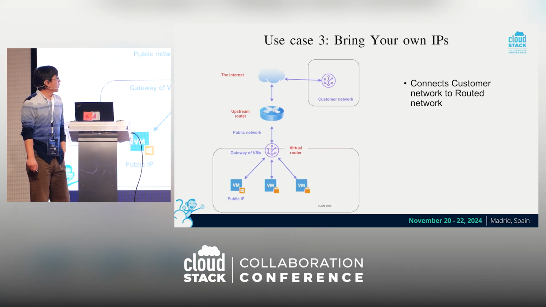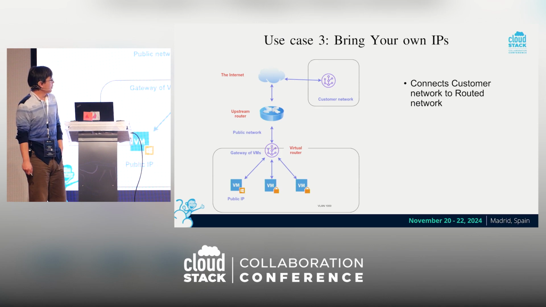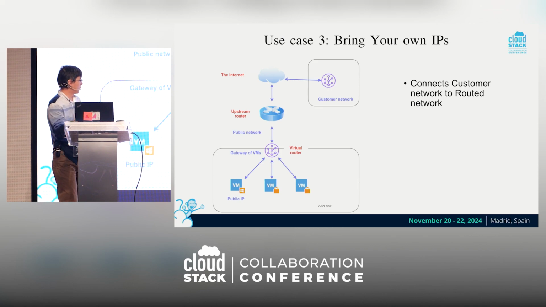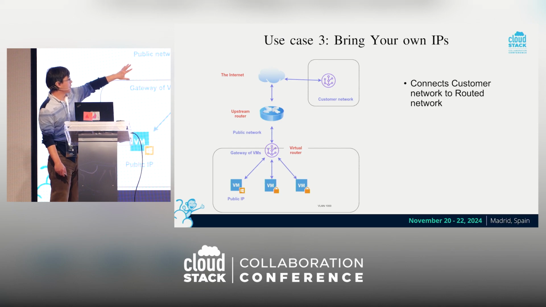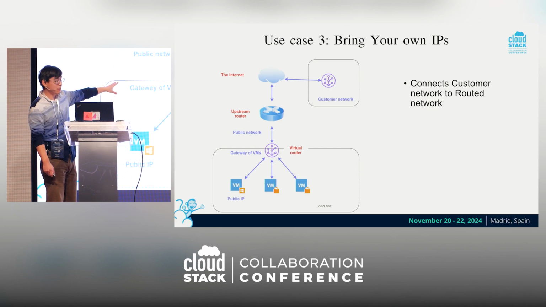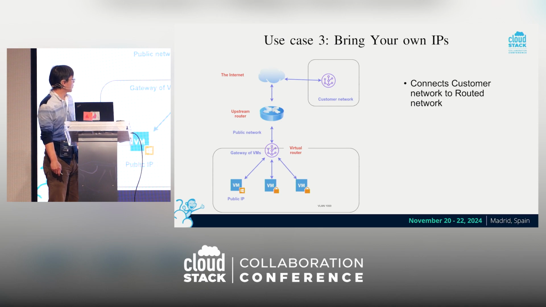The third one: for now, if we want to access the VMs in the cloud platform from our own office network, we have to create a remote access VPN or site-to-site VPN between the routers.